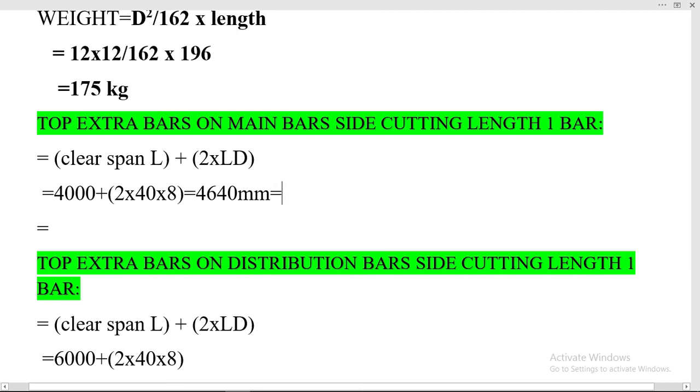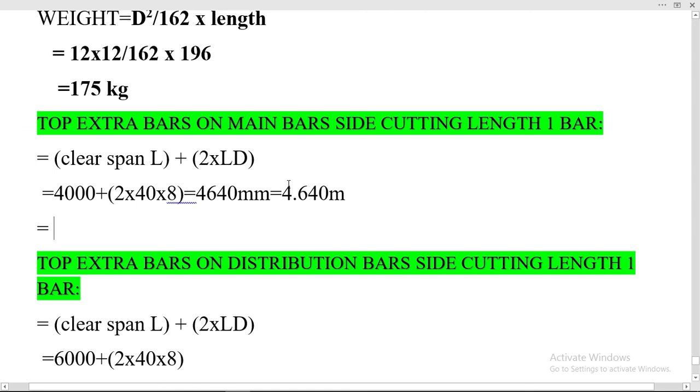To convert it into meter, just divide it by 1000. 4.640 meter is the cutting length of one top extra bar along the main bar side on the shorter span. Now let me calculate the number of top extra bars.